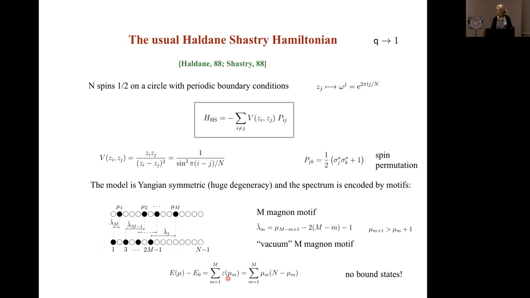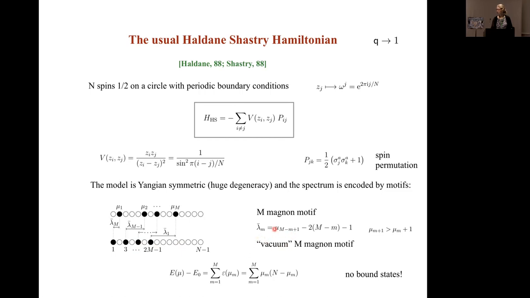The first remark is that there is no space for bound states left in this picture. The rapidities are all real, and the interaction is only a statistical repulsion between these different momenta.